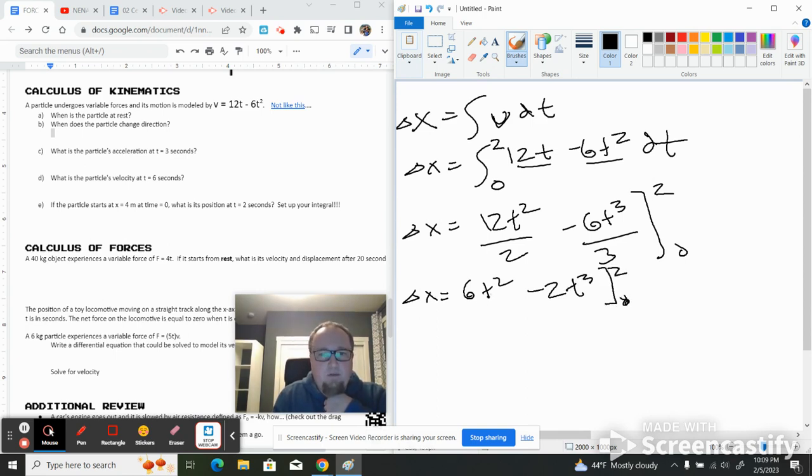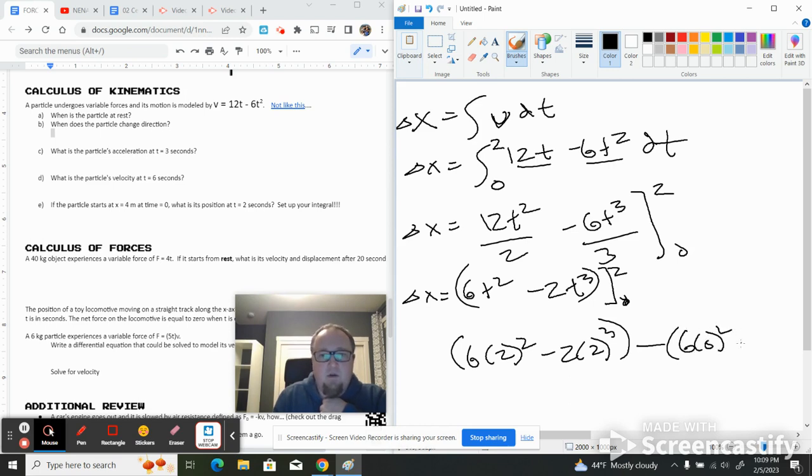So now all I do is plug in these two values. The final time is 2. So I do 6 times 2 squared minus 2 times 2 cubed, minus my initial time, 6 times 0 squared minus 2 times 0 cubed.